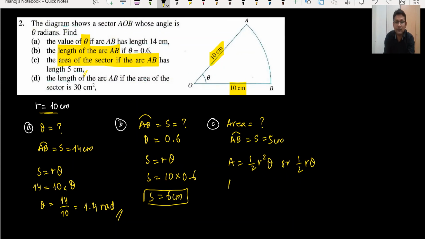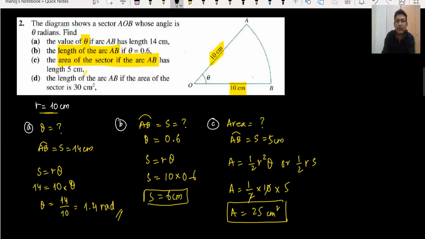So I have to use the first formula. R is 10 squared, and theta is... here the arc is given, theta is not given. Sorry, this is half RS. So we cannot use the other formula. Sorry for this. Area is equal to half RS. This R is 10 and S is 5, and the area is coming 5 times 5, which is 25 centimeter square, and we got the value of the area.